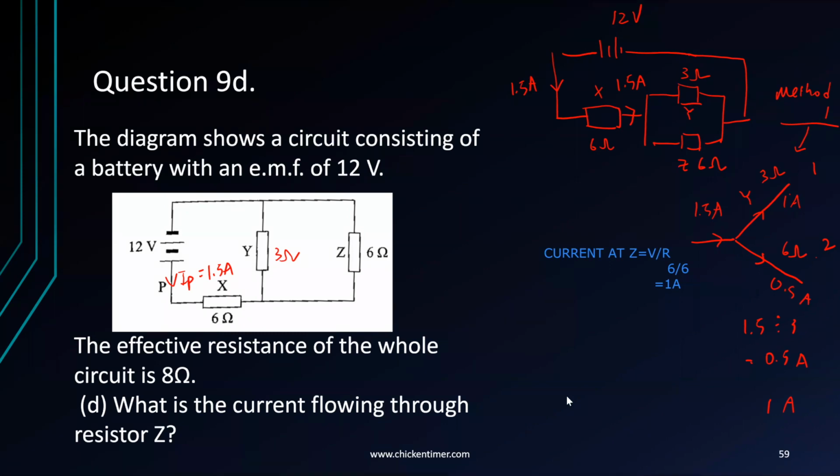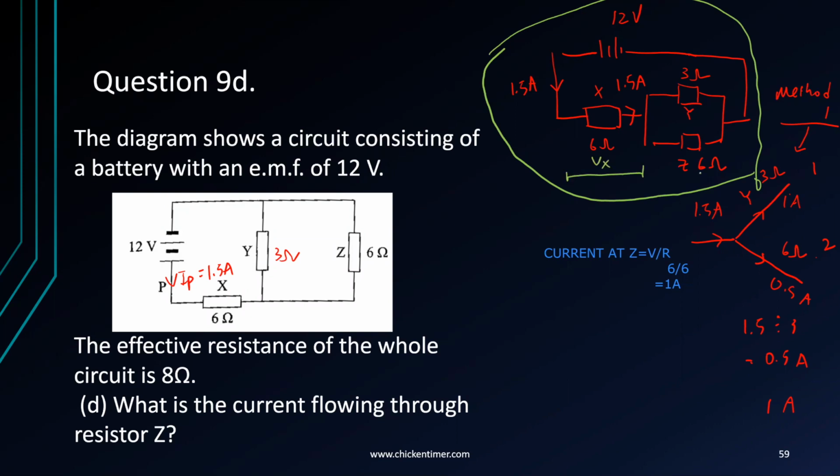Okay, method 2 is like this. Let me change my pen color. Using this drawing again, I circle out the drawing here. We use this. Then I can find the potential across X, which in turn gives me the potential across Y and Z. So Vx is IR, so it's 1.5 ampere flowing through X times 6.